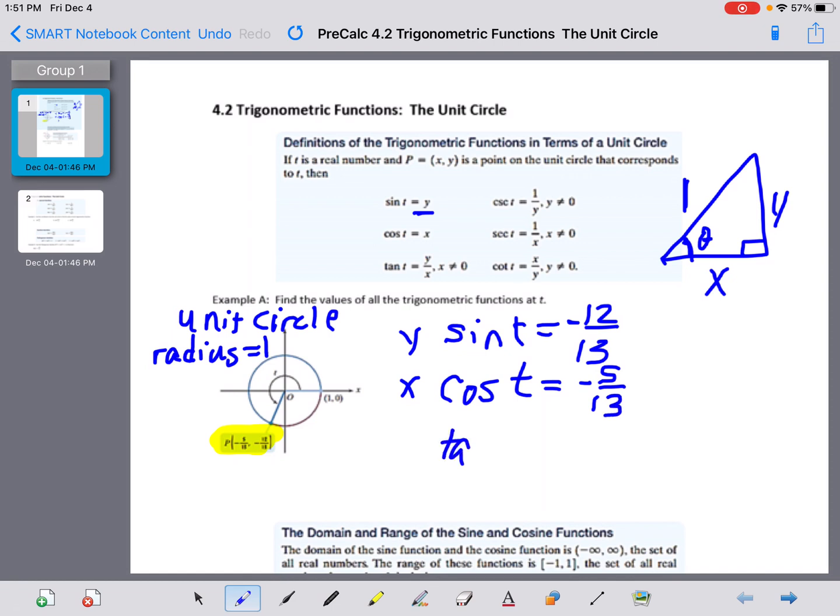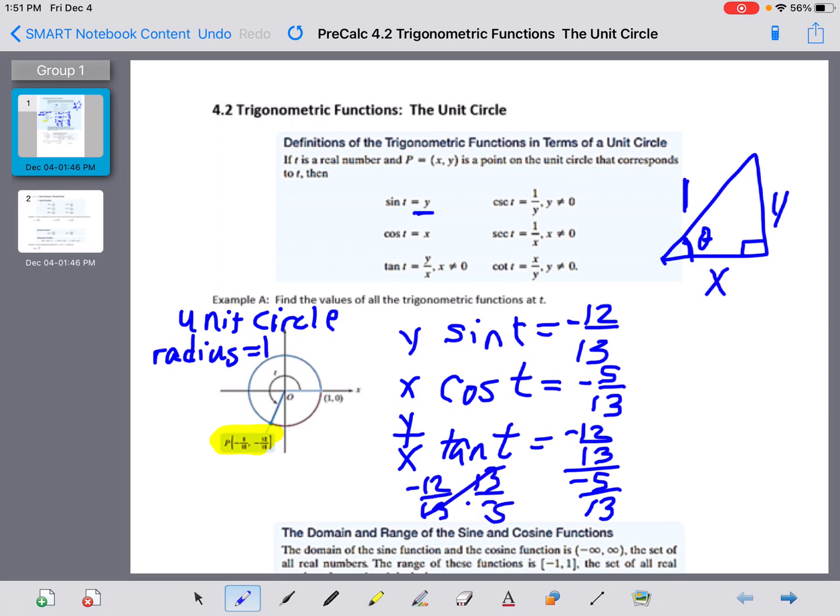My tangent of my angle, okay, remember that's sine over cosine or y over x, okay? So I get this -12/13 over -5/13, okay? Remember, if we do a keep, change, flip, like -12/13 times 13/-5, my 13s cancel, and my negatives cancel, and I'm left with 12/5, okay? Just a hint here, if you start noticing this, when they have a common denominator, you can just drop it, right? And then simplify what's left.